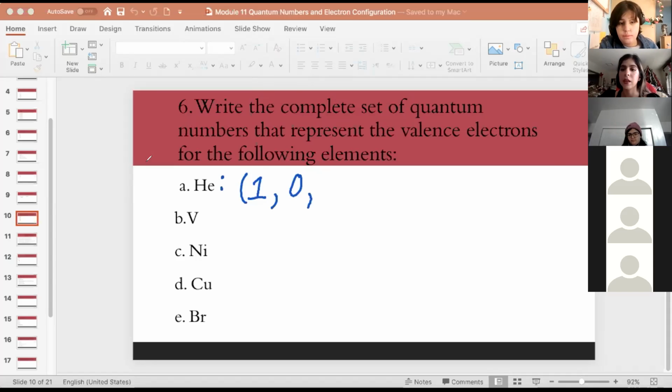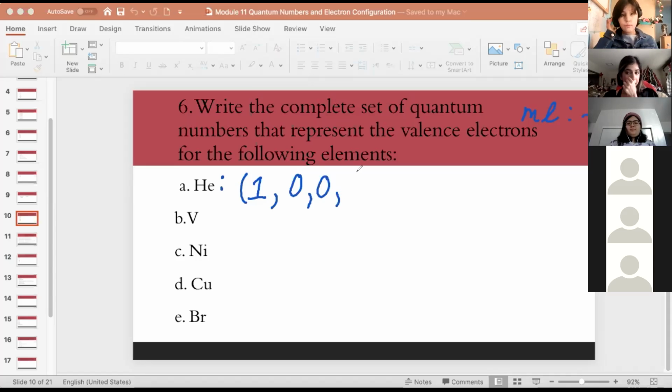L. So M sub L has to be between negative L and positive L. Exactly. So negative L to L. But in this case, our L is just 0, so M sub L has to be 0, right? Yep.